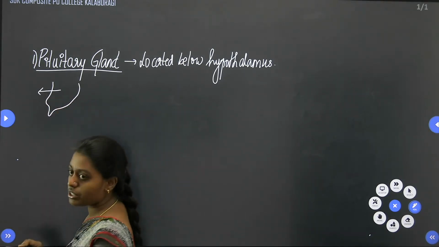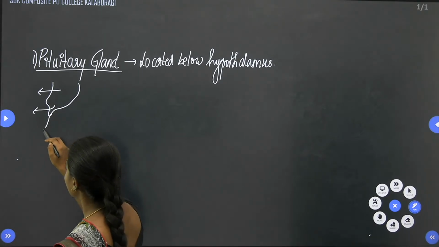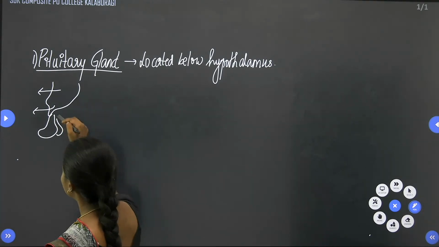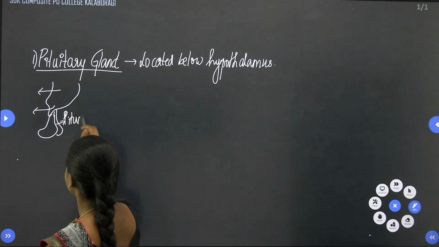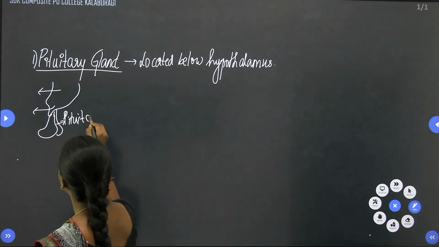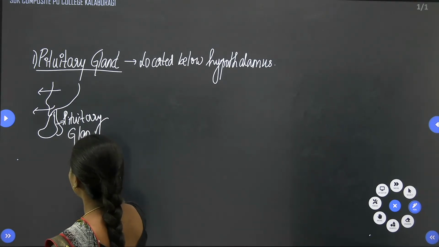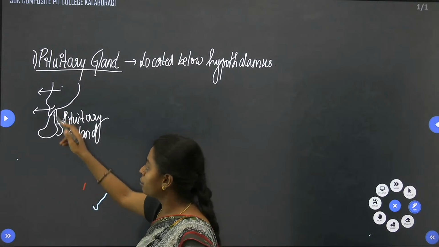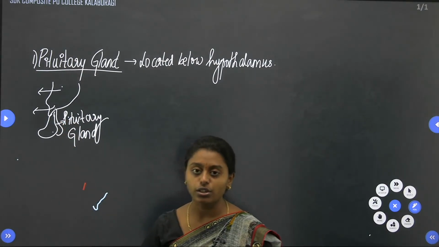If this is the thalamus, this is the hypothalamus, and just below it is the structure called the pituitary gland.